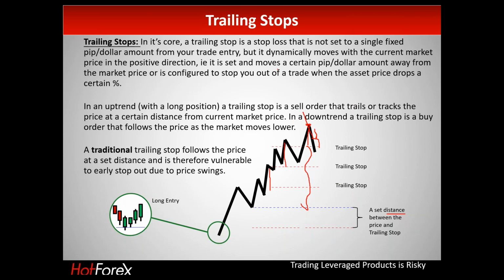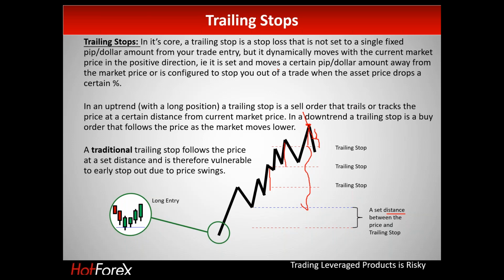In a downtrend, it's vice versa. The trailing stop is a buying order that follows the price as the market moves lower. But as soon as the price stops moving lower and instead starts going up, the stop loss remains at the level it was dragged to until the position closes.